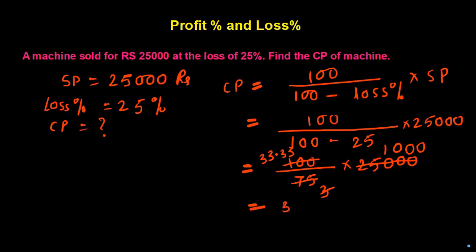Now what do we have? 33.33 times 1000. Okay, so we have learnt in the decimal chapter, when you are multiplying with a number that has 3 zeros in it, your decimal point will move 3 places to the right hand side.